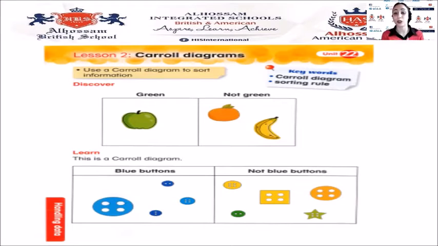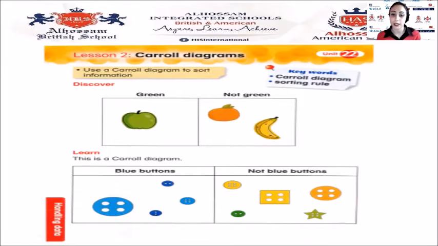But don't forget that you have a rule. And here we have two groups. The second table, what is this? It's a carroll diagram, perfect. We're going to make two groups. In the first one, I will put the blue buttons, and in the second one, I will put not blue buttons, any other color.